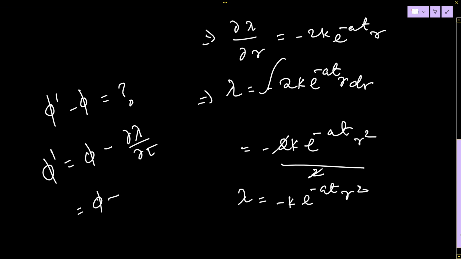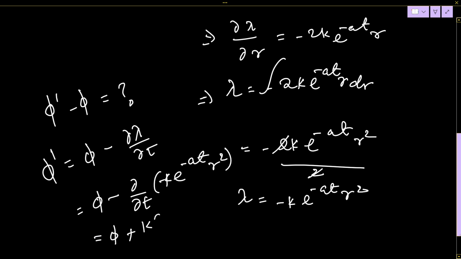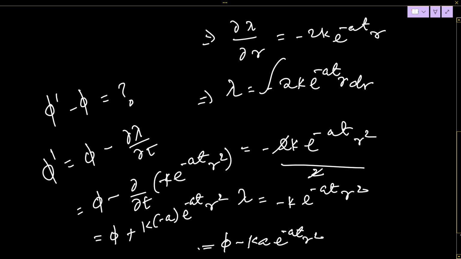So phi minus del by del t of minus k e to the power minus a t r square. So if I do it, this will be phi plus, okay, again minus is coming, phi minus k a e to the minus a t r square. So your phi dash minus phi is how much? It is minus k a e to the power minus a t r square.